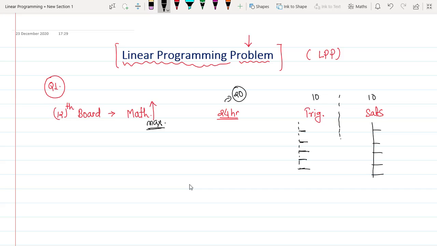Then what will you do? We have only 10 hours for trigonometry, so we will look into the topics and select the units or topics which are very easy for us. Suppose the first, second and third are easy for me. Then I will cover these 3 topics in these 10 hours.